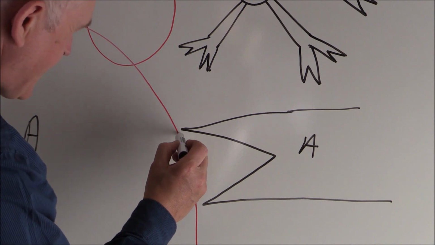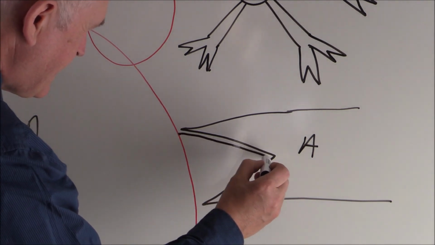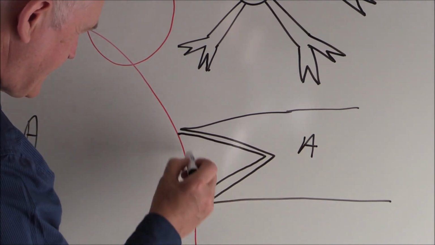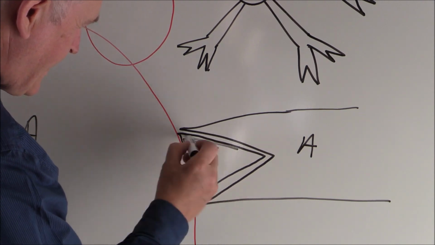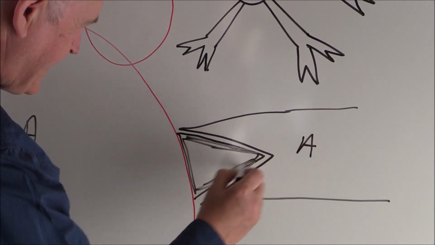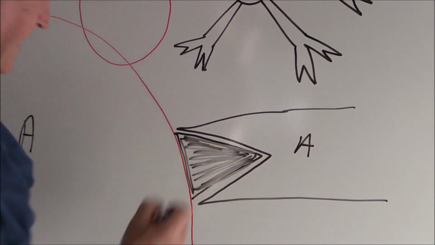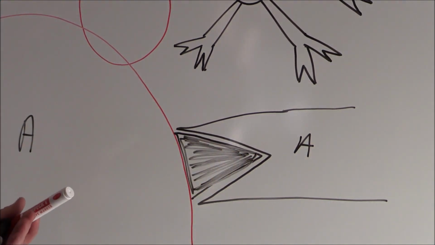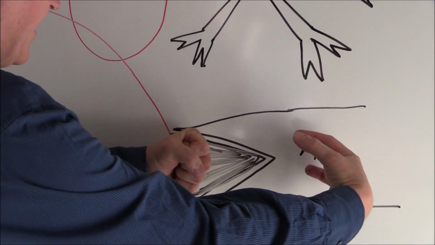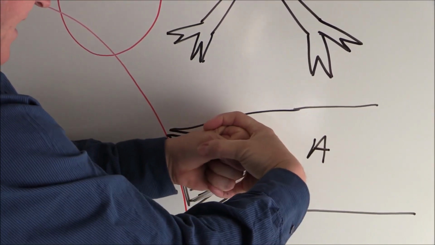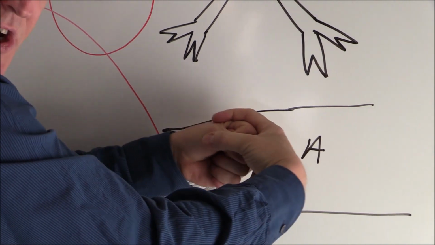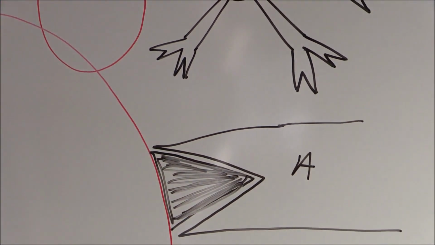And on the surface of the A red cell, we have these A antigens, and we can see that fits perfectly into the A antibody. And once that has fitted in there, that is going to grab it and not let go. That's going to form a secure bond.